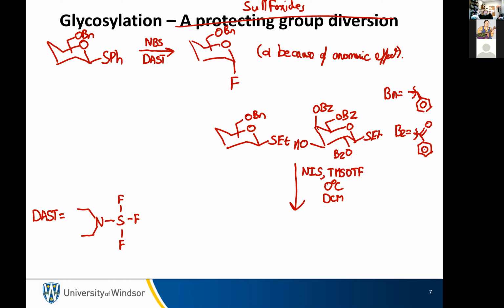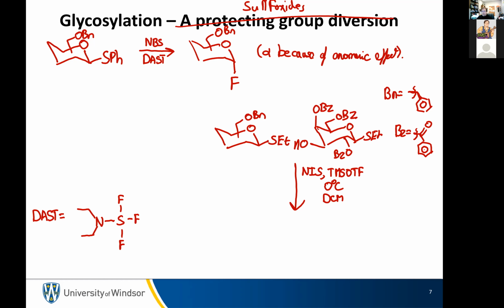So benzoyls are C2 participating versions of benzyls. And I'll try and be very careful to pronounce the difference between ill and oil, and I hope everybody can hear that. I'll be as careful as I can. Because with a Canadian accent, benzoyl becomes benzyl very easily. So I have to channel my inner Englishman.